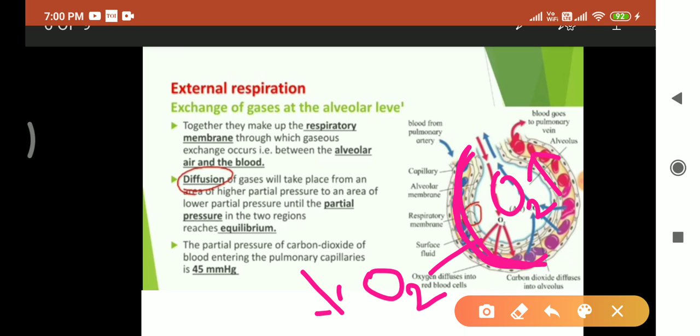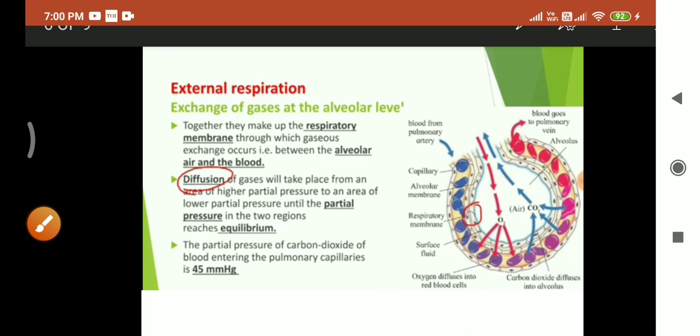Why? Because here you are directly exchanging the air. When you inhale, oxygen goes inside, so that is why the partial pressure is different. So oxygen is required to go to the blood capillaries to form equilibrium. This movement of oxygen is called diffusion.